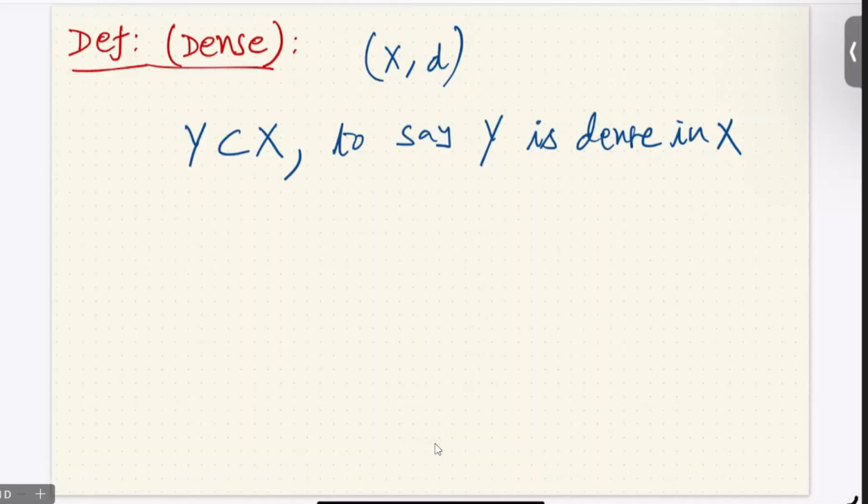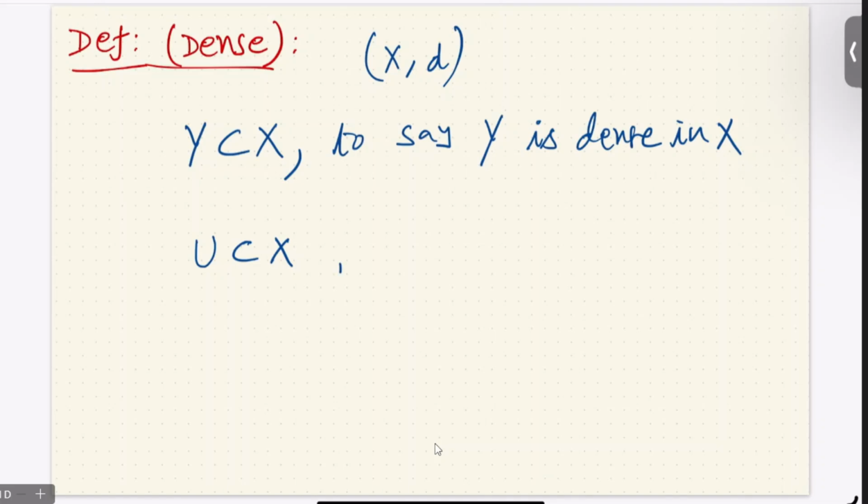Dense means it is tightly packed with X. That means, let's say you take any open set, no matter whatever open set you choose, U from X, and there is no restriction on it. Take any open set from X, from the Borel sigma algebra I could say, but I'm not using that. Use a subset of X.